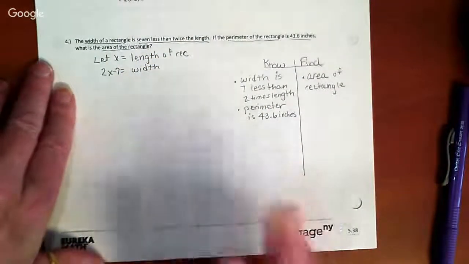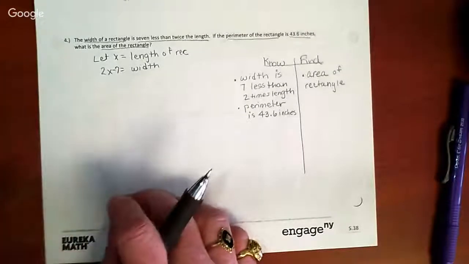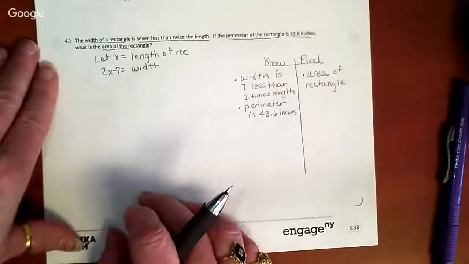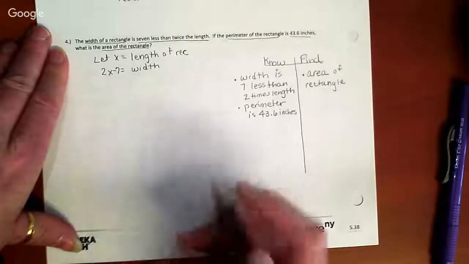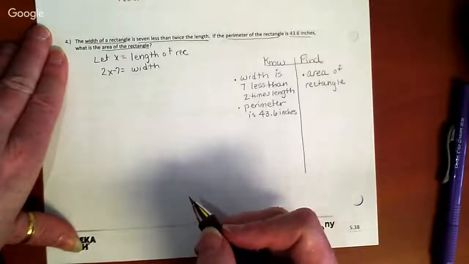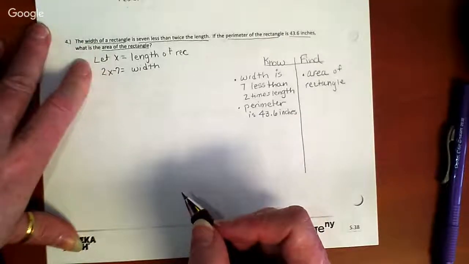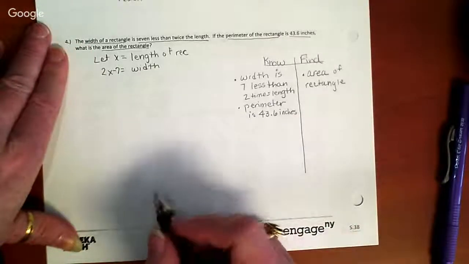So the first thing that we need to do is find the perimeter because that will help us find x. Then we can find x and 2x minus 7, and then we can find the area.